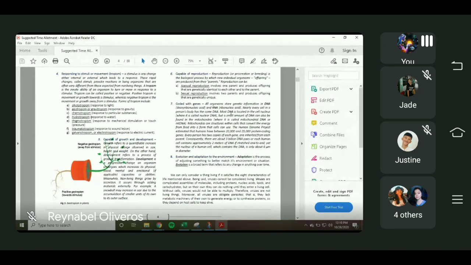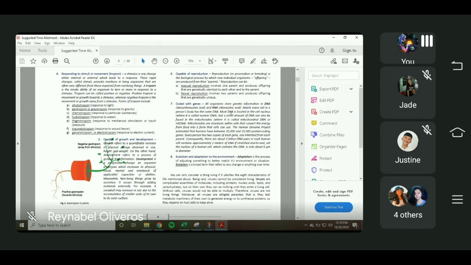Kailangan, dito sa number 7, an organism is coded by genes. Kung ano yung itsura ng parent, ganun din ang magiging itsura ng kanyang offspring. Okay? So, alangan namang ikaw ay manganak ng ahas. Inaku po. Siyempre, tao din yung ipapanganak mo, di ba? So, halimbawa, that is just an example, no?